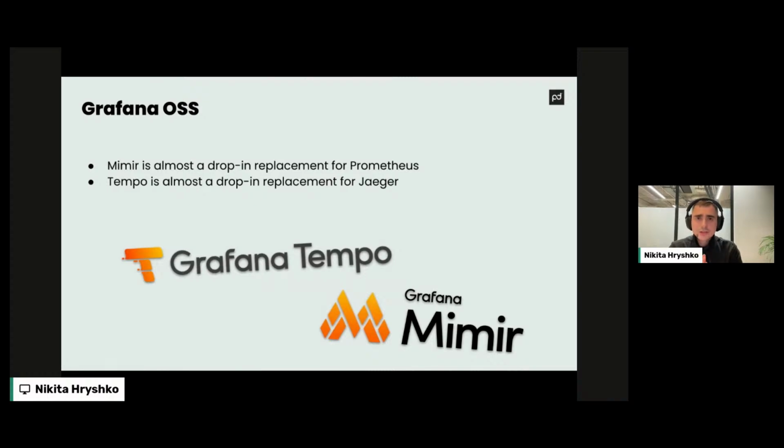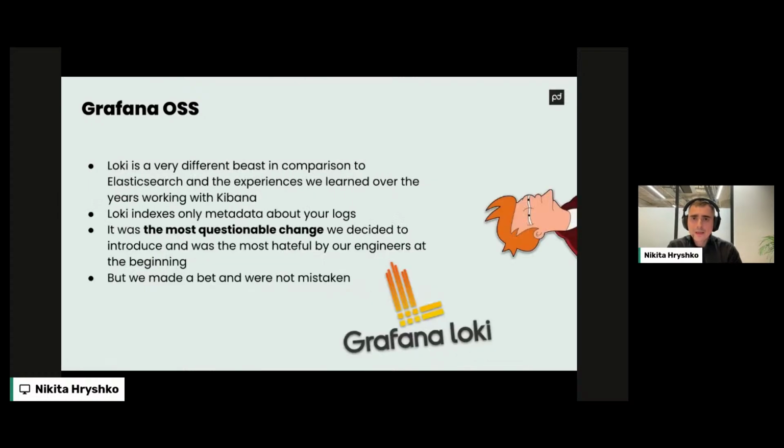Also, looking into the Grafana components, we saw that Mimir is almost a drop-in replacement for Prometheus, Tempo a drop-in replacement for Jaeger. But when we looked into Loki, when we looked into this beast, we saw that it's a very different thing in comparison to Elasticsearch and the experience we gained over the years working with Kibana.